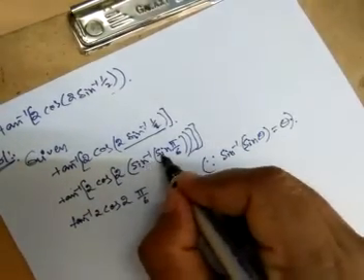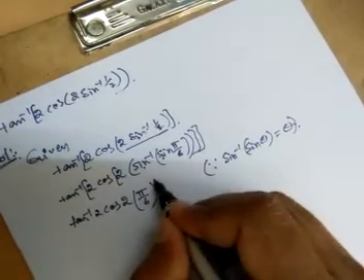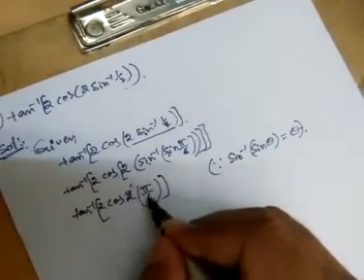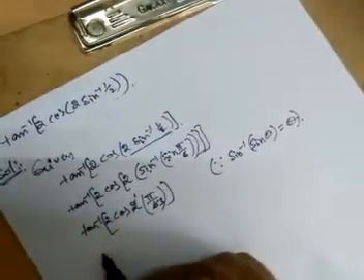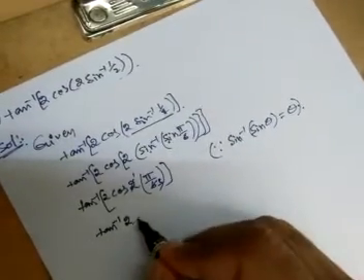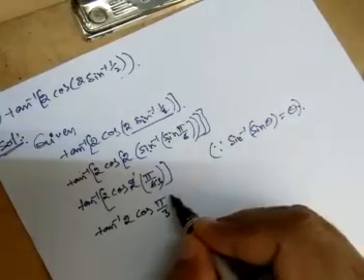Now sin inverse of sin theta, that is pi by 6. Now 2 ones are 2, 3 gets cancelled. Tan inverse of 2 cos of pi by 3.